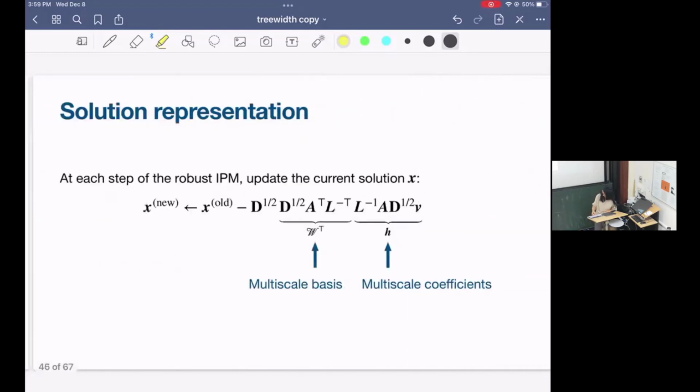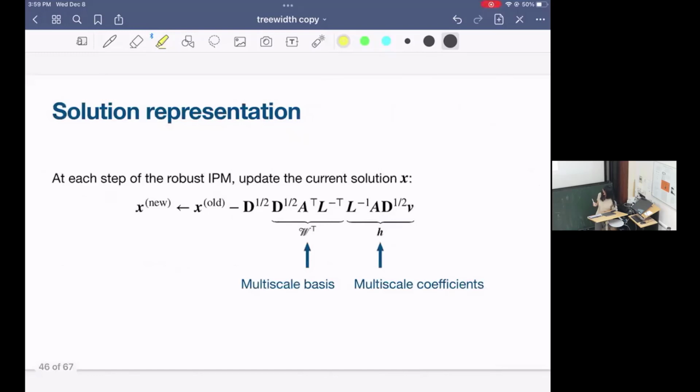Okay, so then what we're going to do is we split this big expression up into 2 parts, one of which we call the multi-scale basis, and the second part we call the multi-scale coefficients.